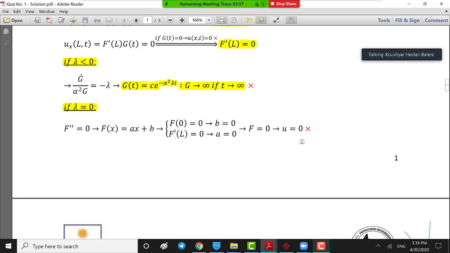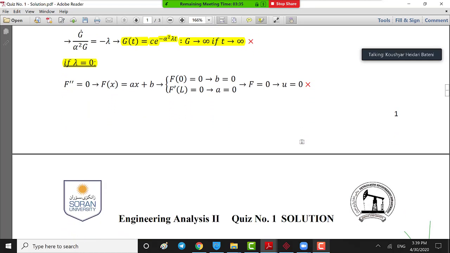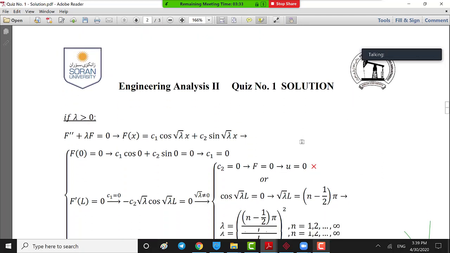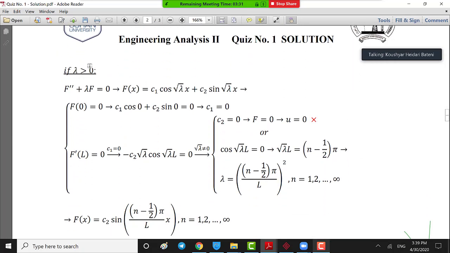So lambda can't be equal to 0 again. For lambda positive, we go through the same process. These are all the things that you've learned when we were working on 1D heat equation type 3. Now, at the end we conclude this.